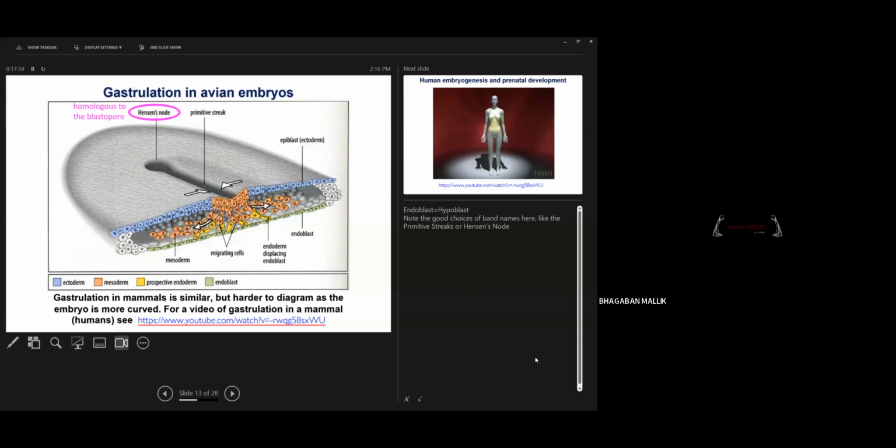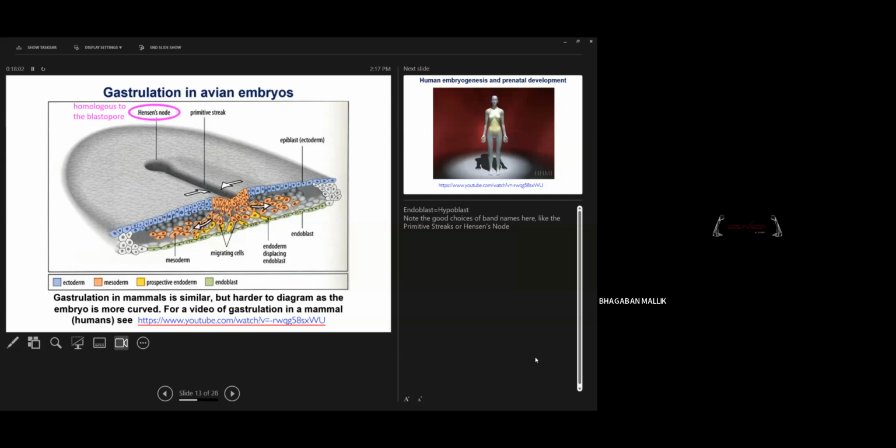As I mentioned, in the amphibian embryo you have invagination from the dorsal blastopore lip. Similarly, here you have invagination, and those cells form from the primitive streak. In amphibians you have a dorsal blastopore lip. In the chick embryo you have the primitive streak, or another structure called Hensen's node, which is like the dorsal blastopore lip in the amphibian embryo.